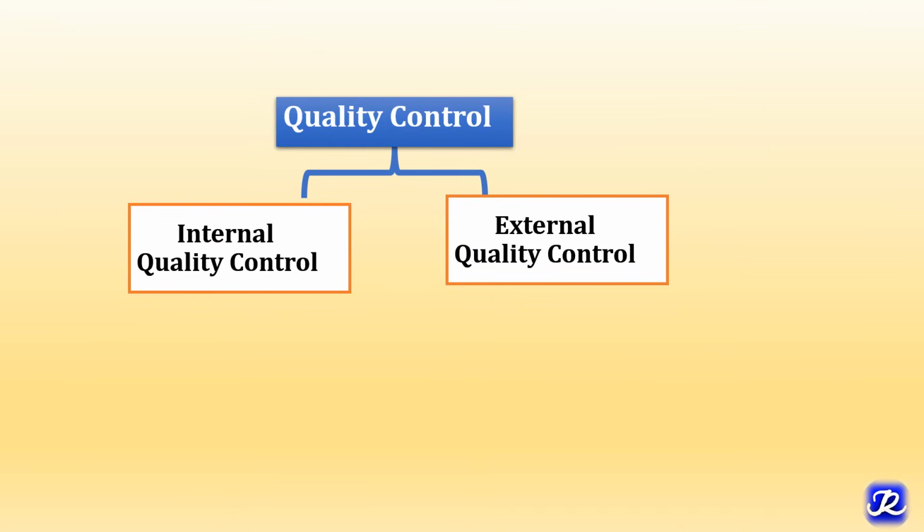Now let us talk about two types of quality control. The first is internal quality control and the second is external quality control. External quality control is also called proficiency testing or external quality assessment. What is internal quality control? It is a daily process. In this, routine laboratory tests are assayed and evaluated on a daily basis, using quality control material.